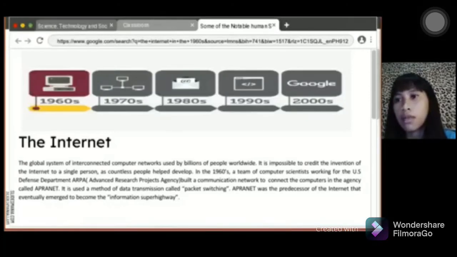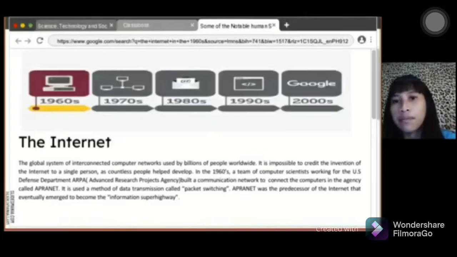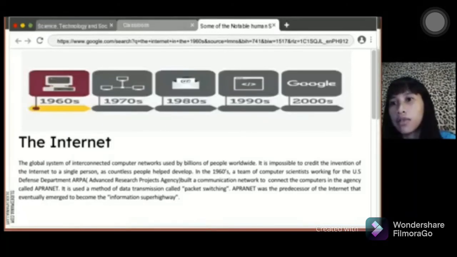It used a method of data transmission called packet switching. ARPANET was the predecessor of the internet that eventually emerged to become the information superhighway.